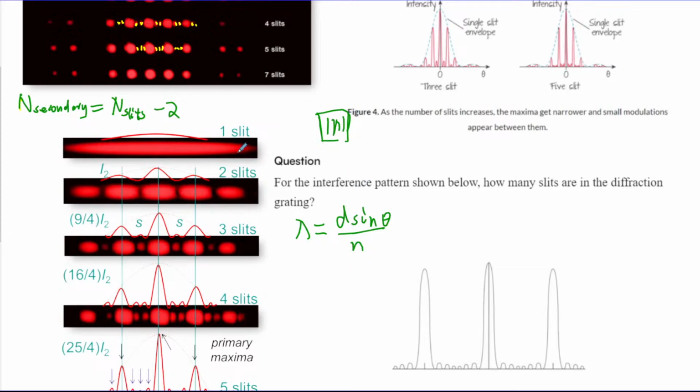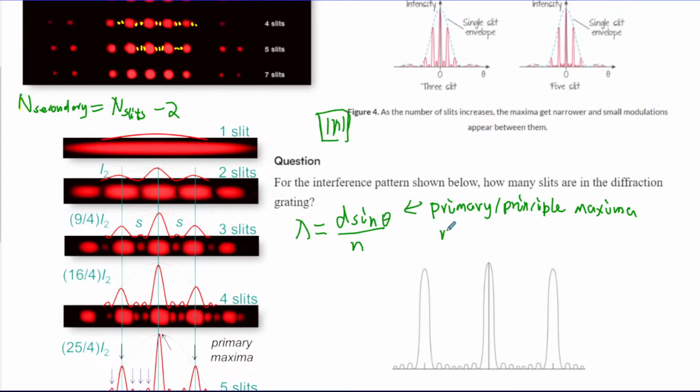Especially when we're not looking at the first order anymore, we're looking at the second order, third order, fourth order maximum. Remember, this is only for the principal or primary maxima. I think this slide says primary or principal maxima. Not secondary ones. This formula only works for that.